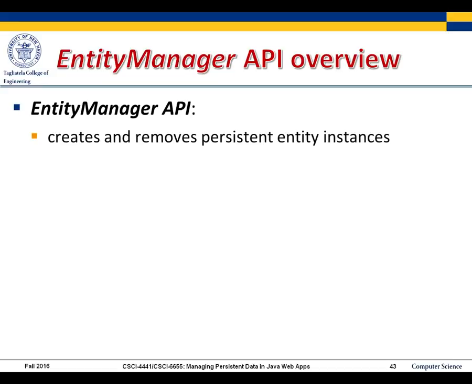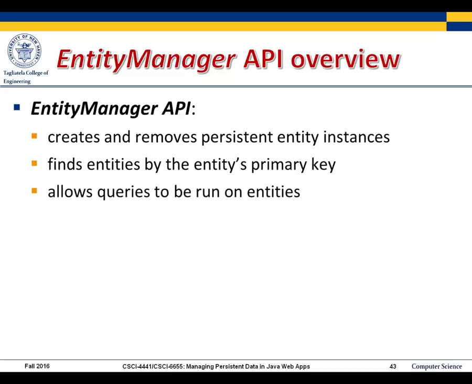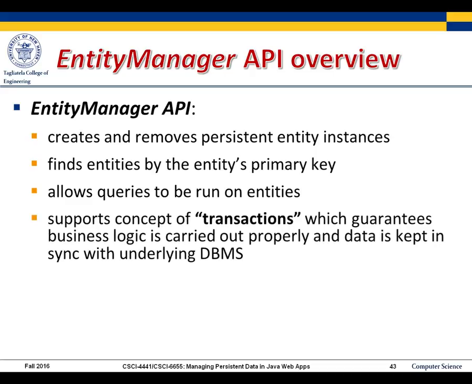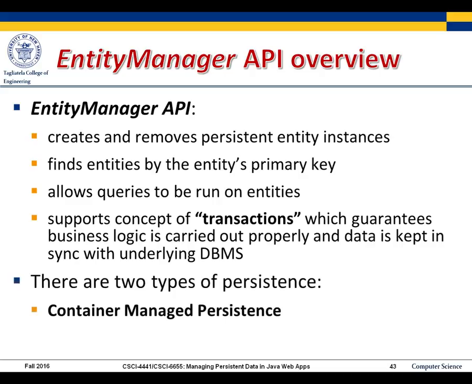So the API, you can look it up, has a whole bunch of methods. So what does it do? Basically, it does the creation and removal of these things. You use it to find entities by the primary key. It allows you to run queries, and supports, again, transactions, to make sure that the business logic gets carried out and the database is updated properly.